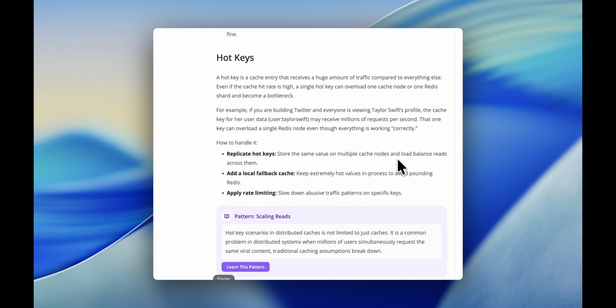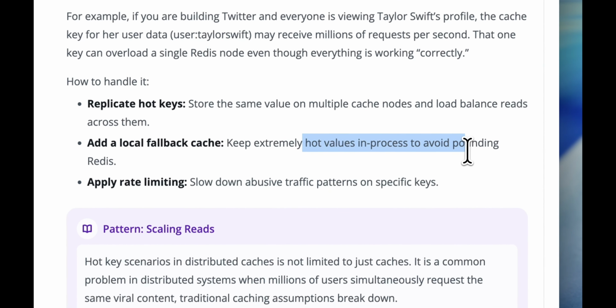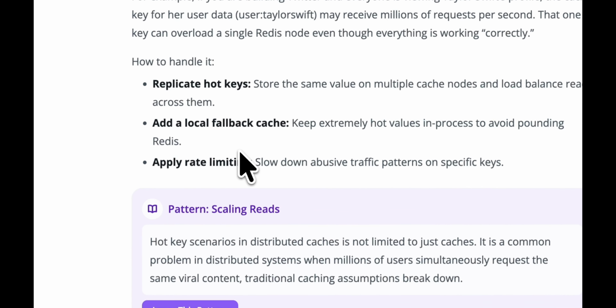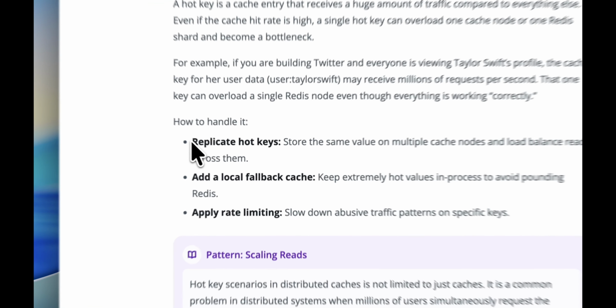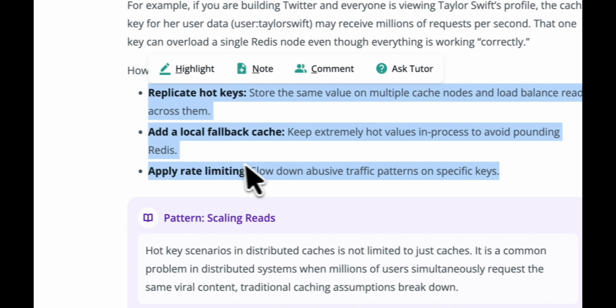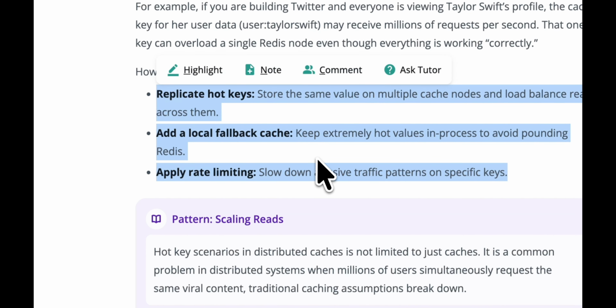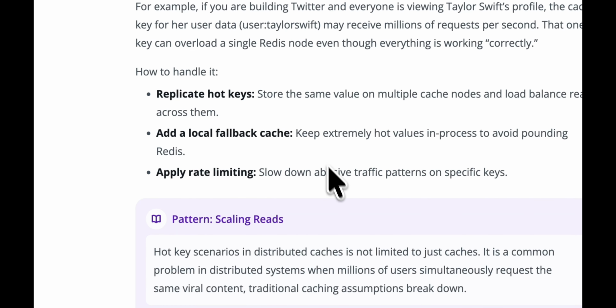We can add a local fallback cache, keep extremely hot values in process to avoid pounding Redis. Also, we can apply rate limiting, so it slows down the traffic pattern on specific keys. So we can handle this with these three main techniques.